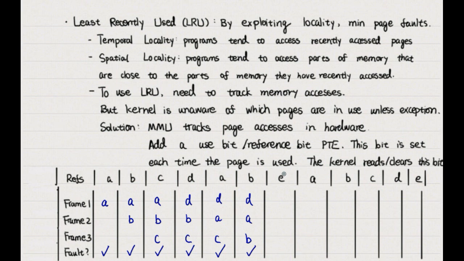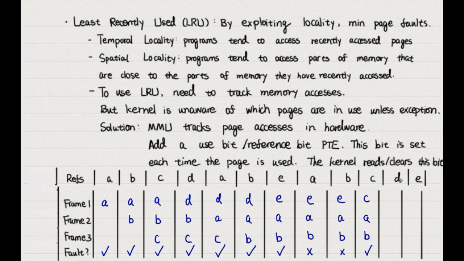And now we have B, and we look back, and we find that C is least recently used. Now we have E, and we look back, and D is least recently used. We already have A in the memory, so no page fault. B is in memory, so no page fault. We have C here, and we look back, and E is least recently used, so we replace E with C. And there's page fault.